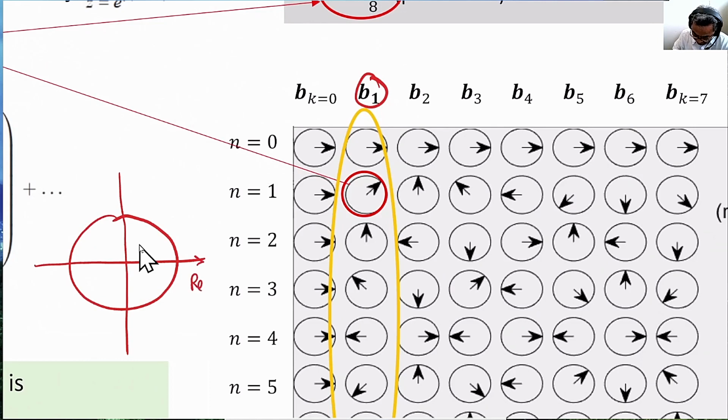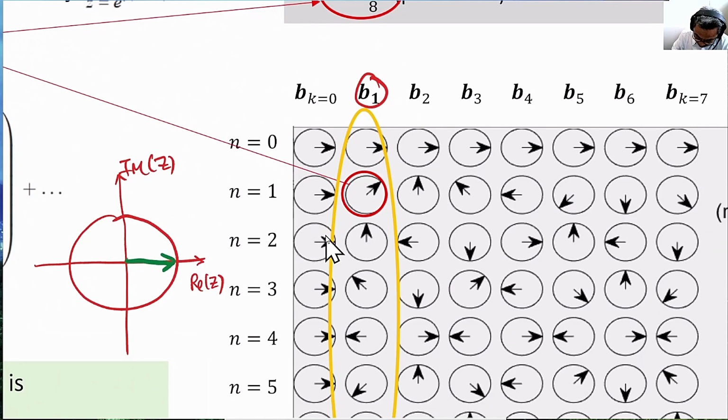This is the real part of Z, and this is the imaginary part of Z. So this arrow here, now I will draw in, let's say, green color. This has radius 1, and it has angle 0, because angle is measured with respect to the positive real axis anti-clockwise.